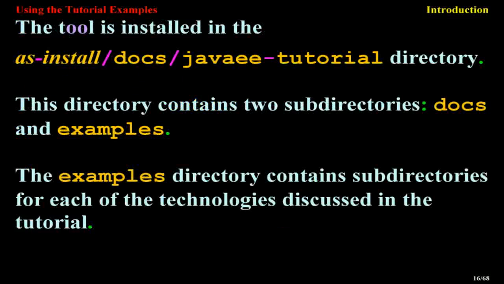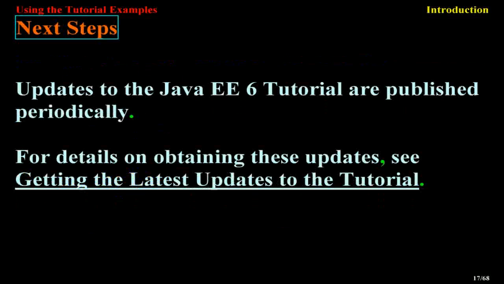This directory contains two subdirectories: docs and examples. The examples directory contains subdirectories for each of the technologies discussed in the tutorial. Next steps. Updates to the Java EE 6 Tutorial are published periodically. For details on obtaining these updates, see Getting the Latest Updates to the Tutorial.